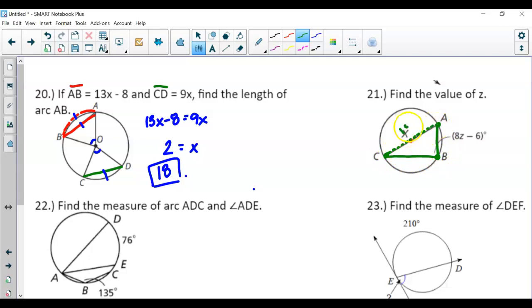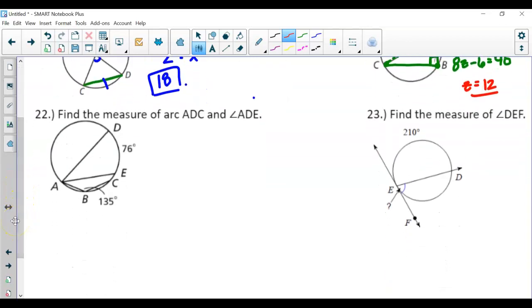So if the diameter is 180 degrees, then that means the inscribed angle, which is half, is a right angle, 90 degrees. So you can state that 8z minus 6 is equal to 90. And now you're just solving your two-step. Add the 6, divide by 8. You should get z is equal to 12.